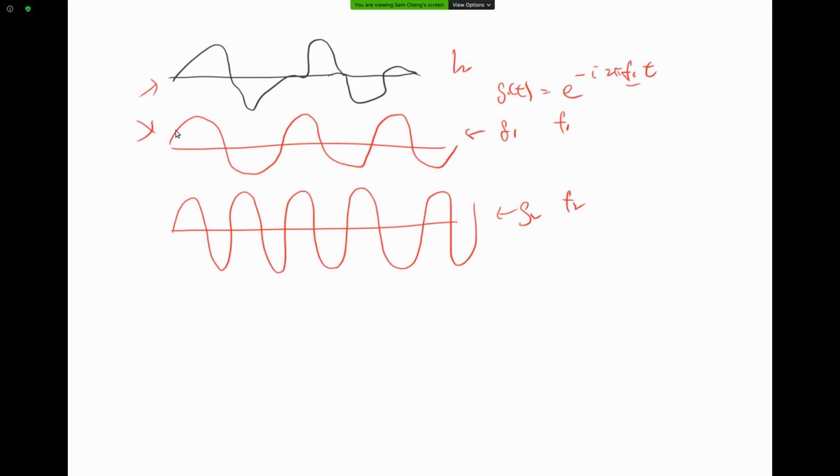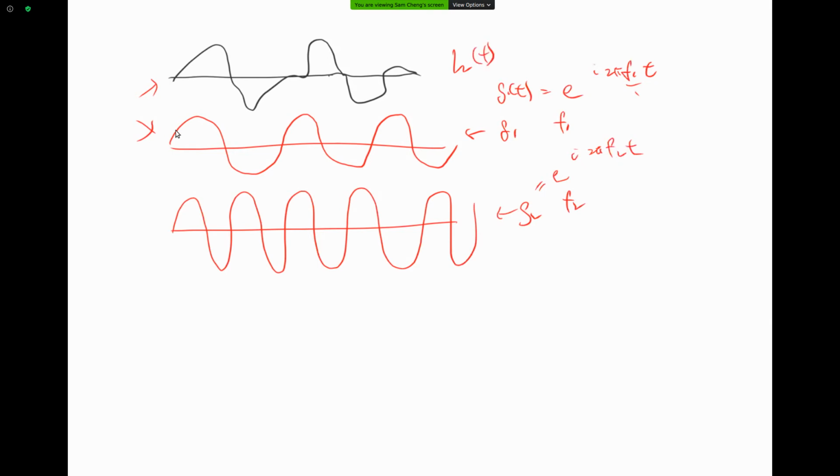Conceptually it's correct. Then G2 is something like that, with 2 pi f2 t, and the signal is H of t.